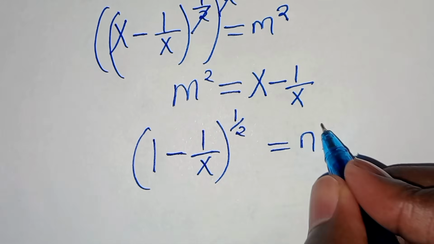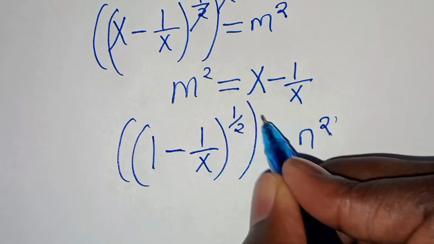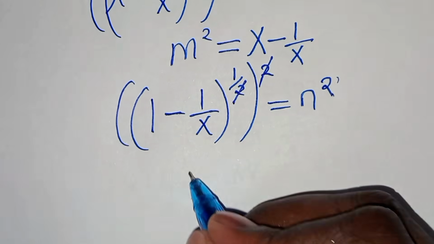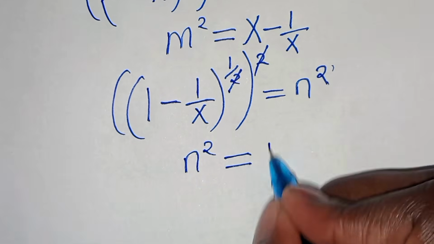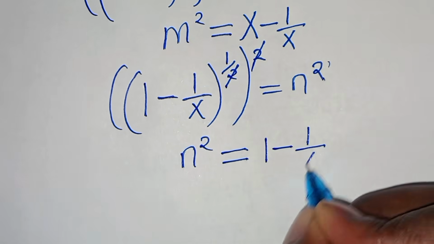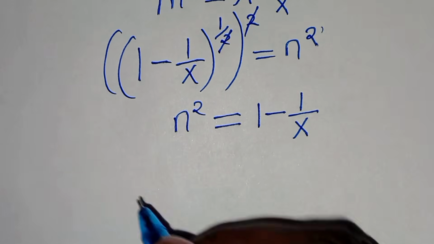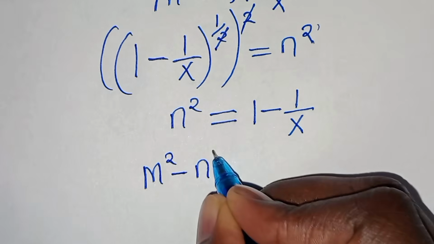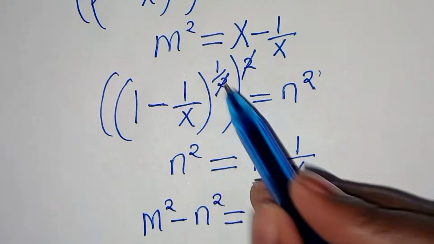We raise to the power of 2 on both sides, and simplify, so that n squared is equal to 1 minus 1 over x.